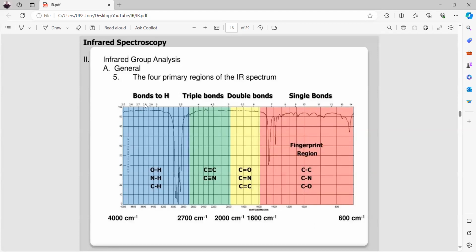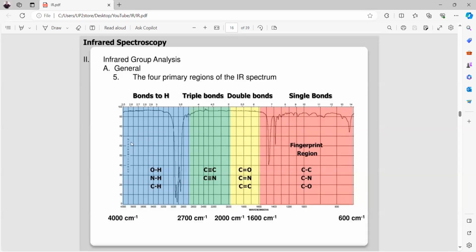So if you are a young scientist or a young chemist working on an unknown sample, and you want to detect the functional groups present in it, you can run an IR analysis, and from the IR chart you can detect the functional groups present.